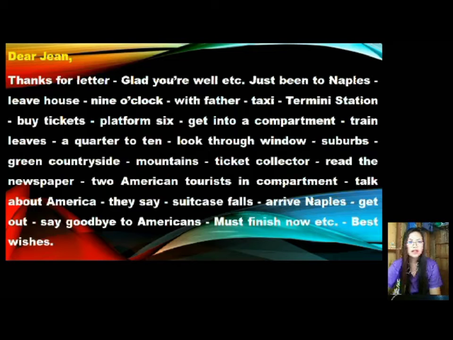Two American tourists in compartment talk about America. They say suitcase full, arrive Naples, get out, say goodbye to Americans, must finish now, etc. Best wishes. You can widen the scope as your class progresses.